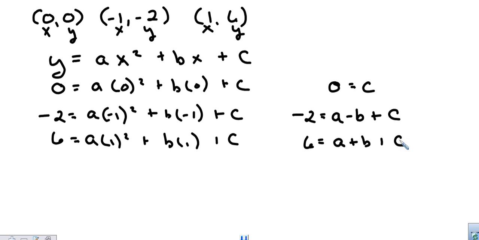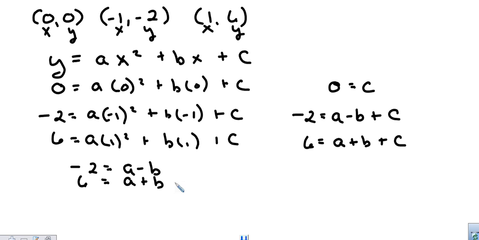Well, this system is simplified just by the simple fact that we know c is equal to 0 here. So if I make these 2 c's 0, I have a system of equations. Negative 2 equals a minus b, and 6 equals a plus b.